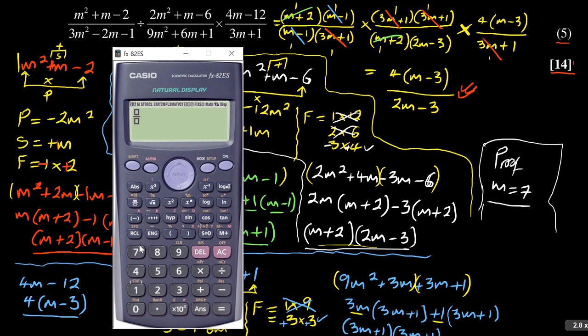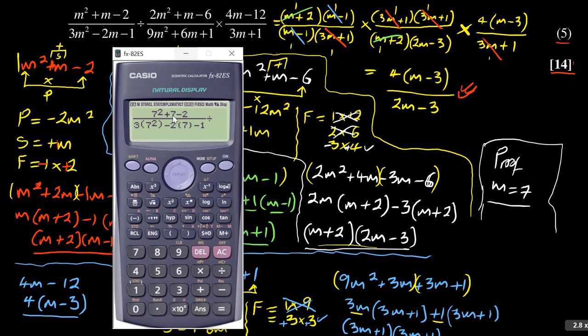So for example, this is 7 squared plus 7 minus 2 all over 3 into 7 squared minus 2, 7 minus 1. So you see what I'm doing? I'm doing that because I said let my m be 7.